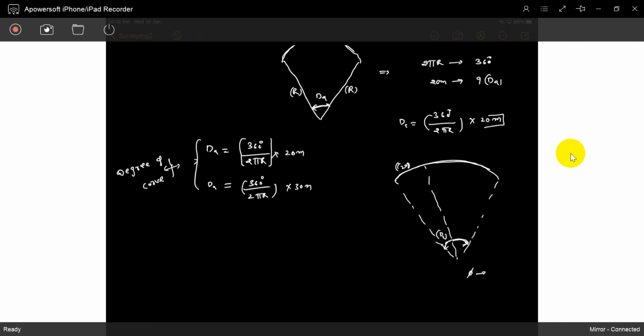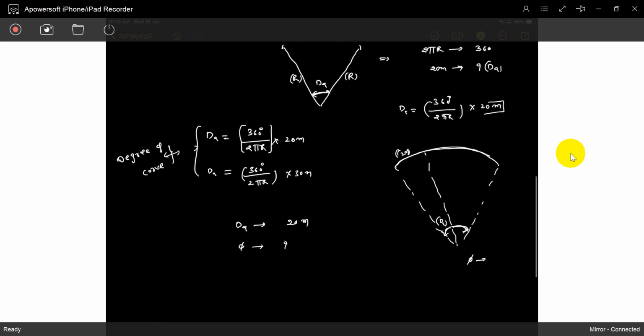For dA, it is covered by 20 meters. For phi, how much? That length is called the length of the curve.